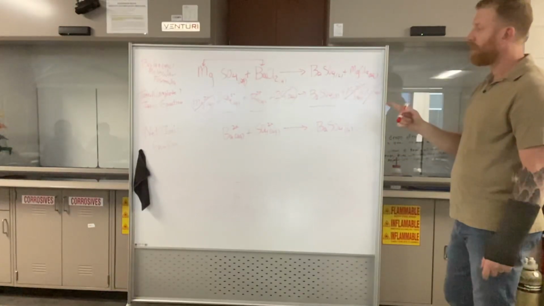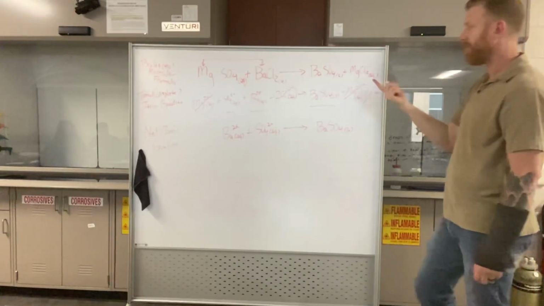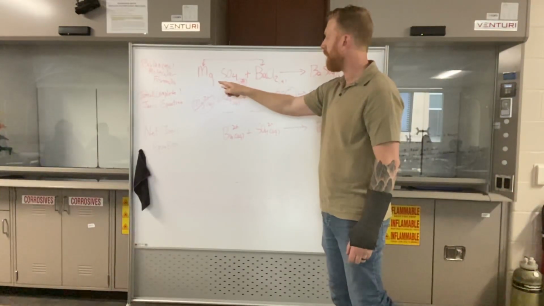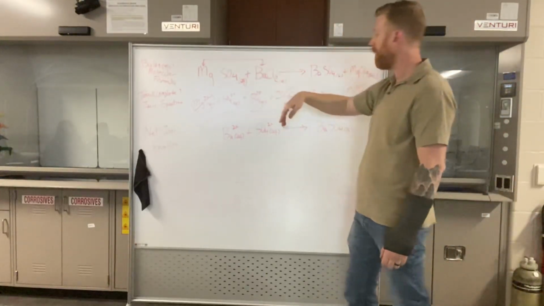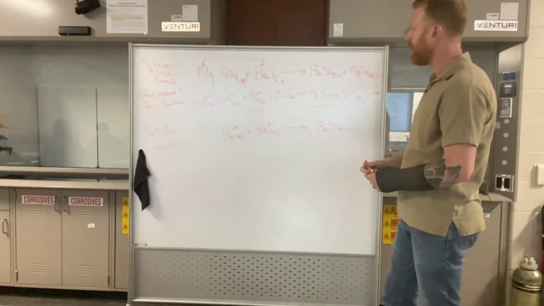So the only other thing that can be kind of confusing here is I randomly picked magnesium sulfate and barium sulfate because it tells a good story, and I like to talk about bathroom humor and hospital humor or stories.